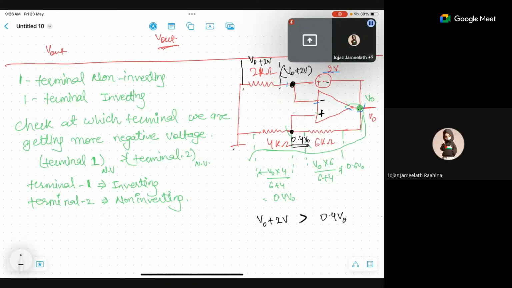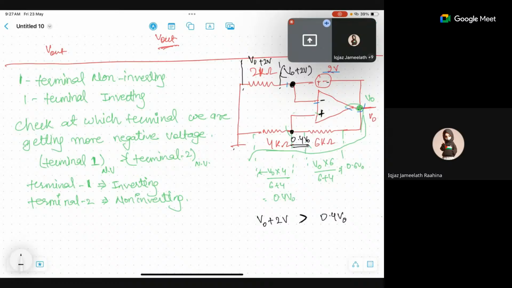Is there any way to identify the negative and positive terminals of the op amp? You have said that V negative and V positive should be equal, and that is for solving the question.